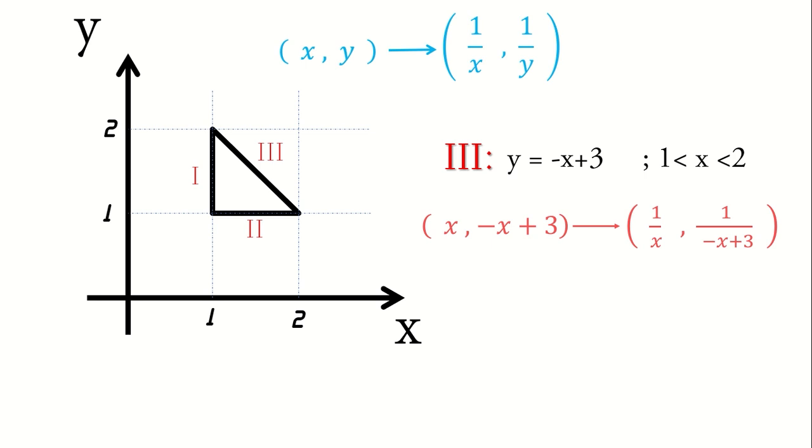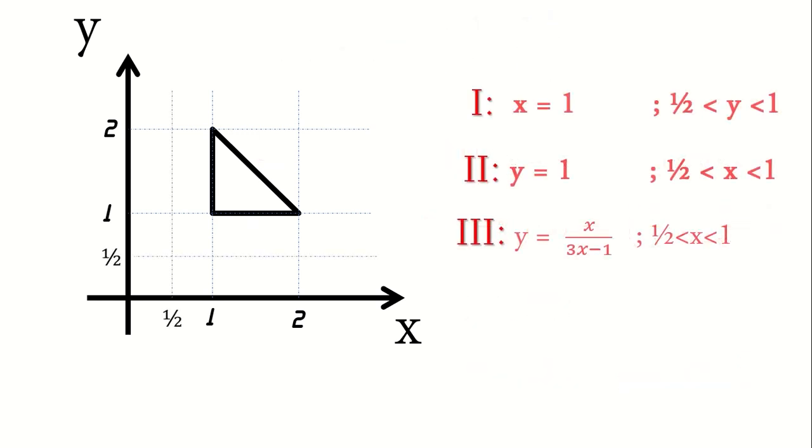It's better to choose capital X and capital Y for 1 over x and 1 over minus x plus 3. By doing this, we get capital Y is equal to capital X over 3X minus 1, for all X between 1 half and 1. And we can get these formulas together.